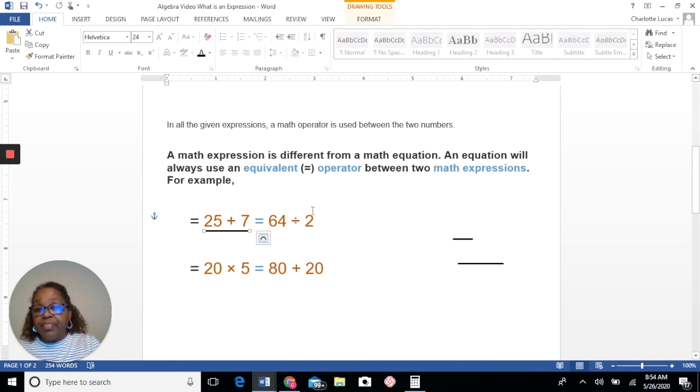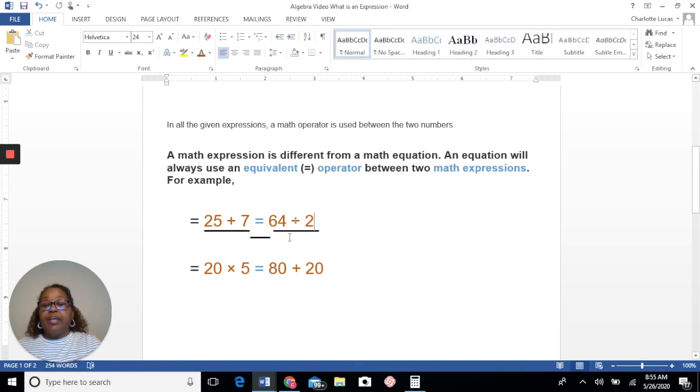And another math expression, a number, an operator, and a number. There's another math expression. And what is in between it? The equivalent operator, the equal sign. Expression with an equal sign. That is an equation.